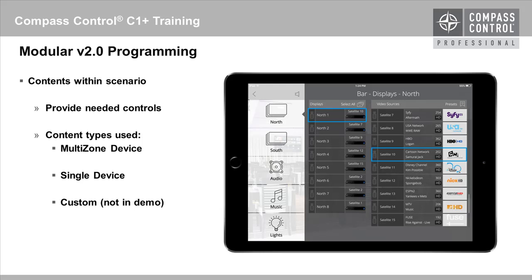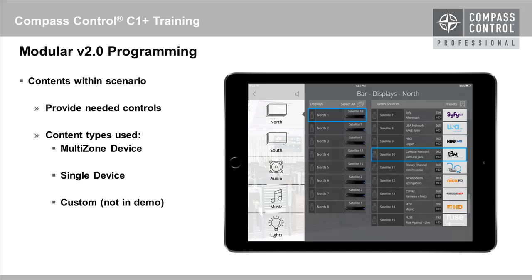We are also going to deviate a little bit from the demo app just by abbreviating the amount of displays in the north and in the south areas of the bar and some of the other zones of the system. Instead of going 8 per area, we'll break it down to 4. You'll see more on that in a moment on our system design.